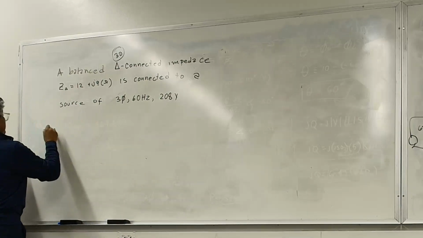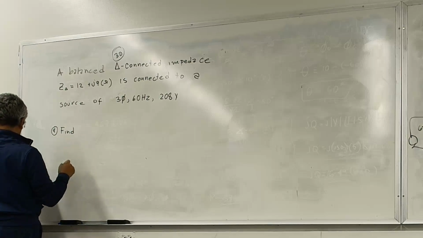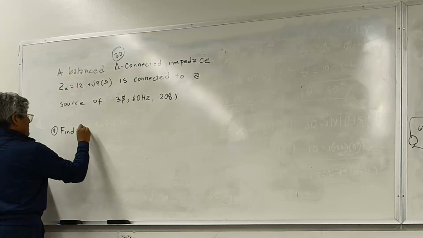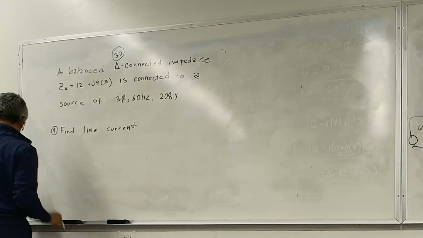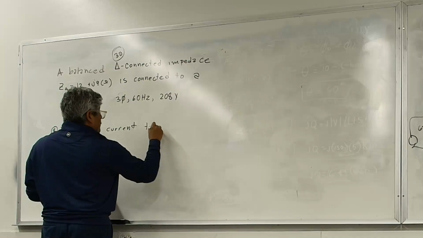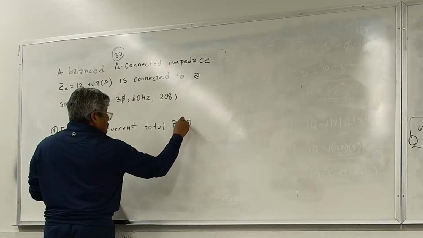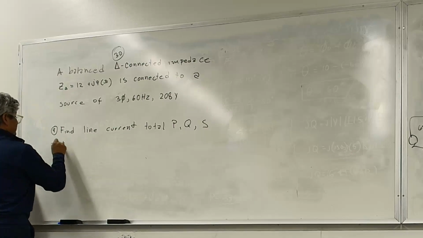And then the question is, A, find the line current, total P, Q, and S, and the power factor.